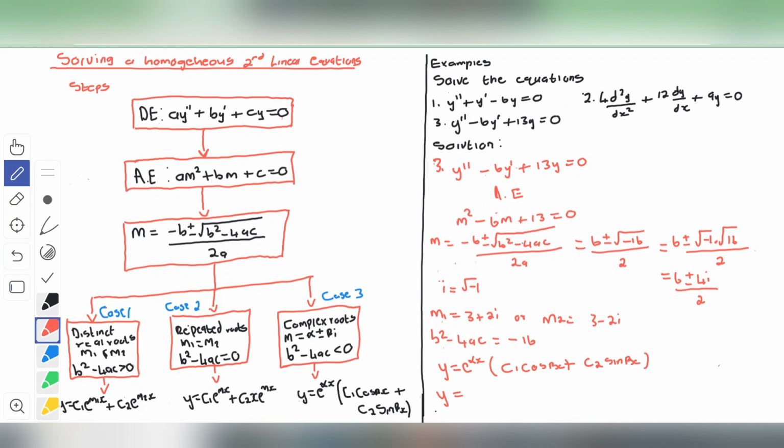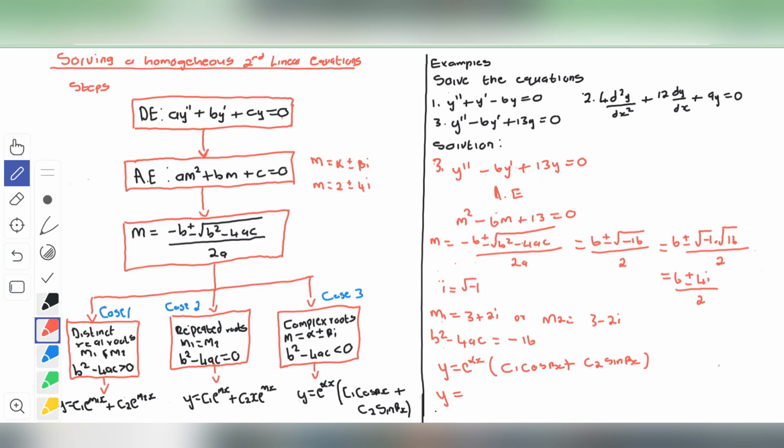Okay guys, let me explain it here because we don't have space. Remember we said from case 3 we have alpha plus or minus beta i. So if our values are 2 plus or minus 4i, we can see that m is equal to alpha plus or minus beta i.